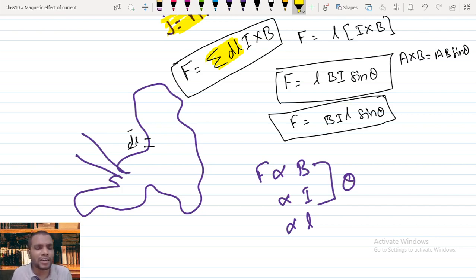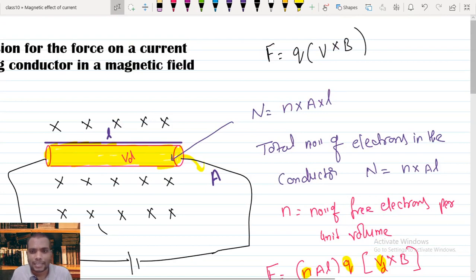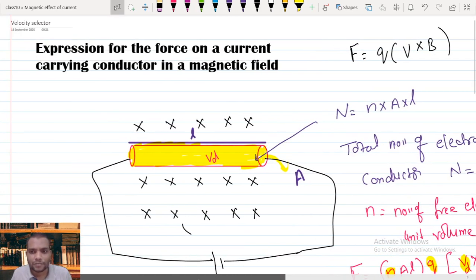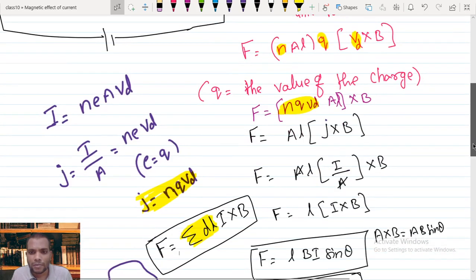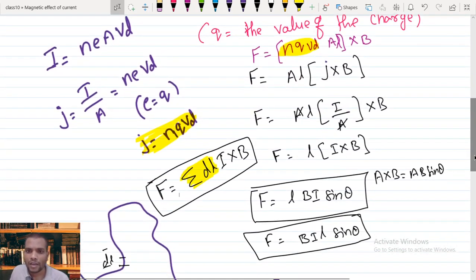But when it is an irregular shape, we go for integration to find its total length. So this is the expression for force on a current carrying conducting wire kept in a magnetic field. This force F equal to, you remember, BIL sin theta, or F equal to L times I cross B.